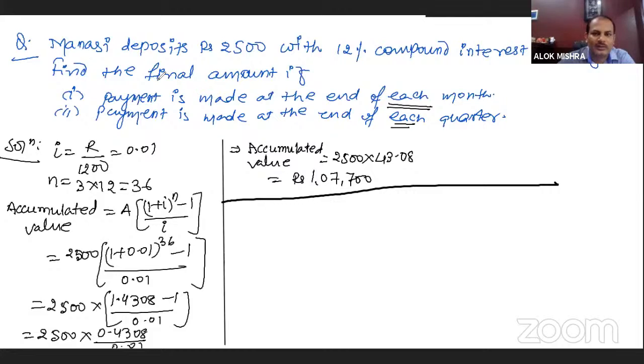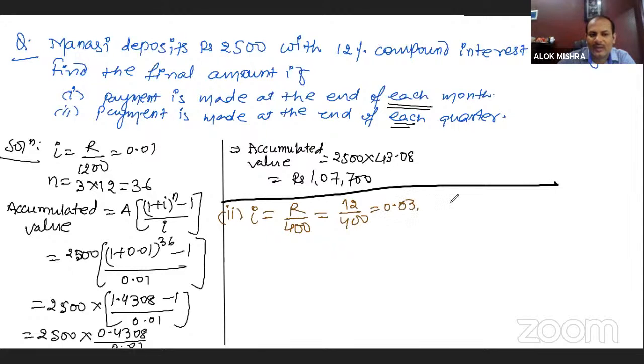So quickly we'll wind up with the second question as well. Okay, B part or second part. It is made at the end of each quarter, so it is compounded quarterly. So what is I? I is equal to R upon 400. Whenever it is compounded quarterly, it has to be divided by 400. So 12 upon 400, which is equal to 0.03.